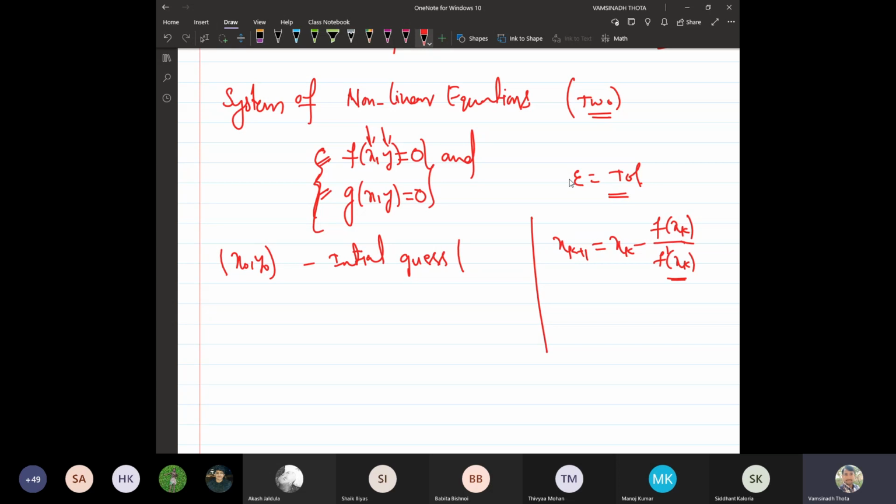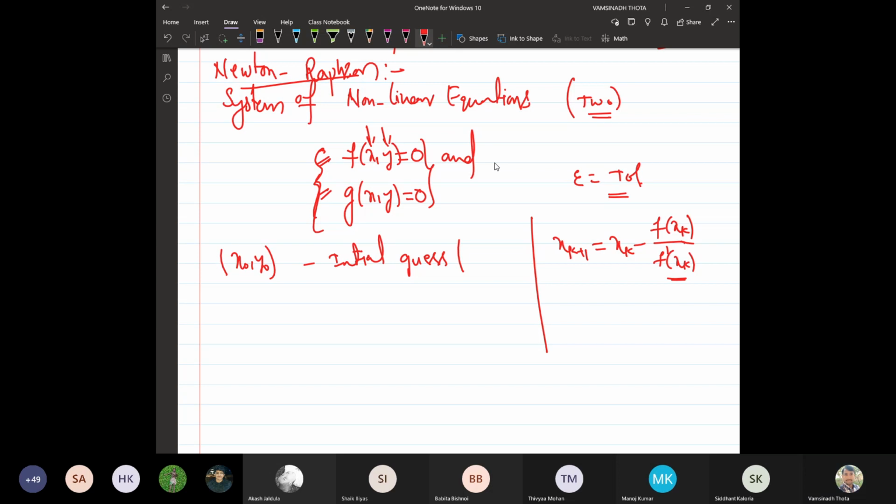So we start with x naught comma y naught. This method is also Newton-Raphson method only, but for a system of nonlinear equations, not for a single nonlinear equation.